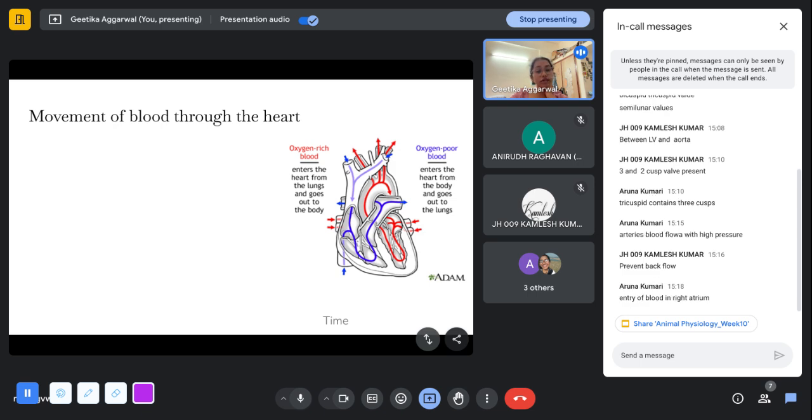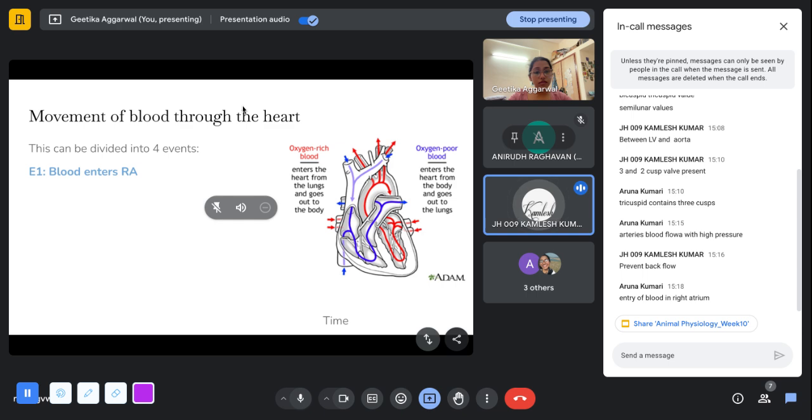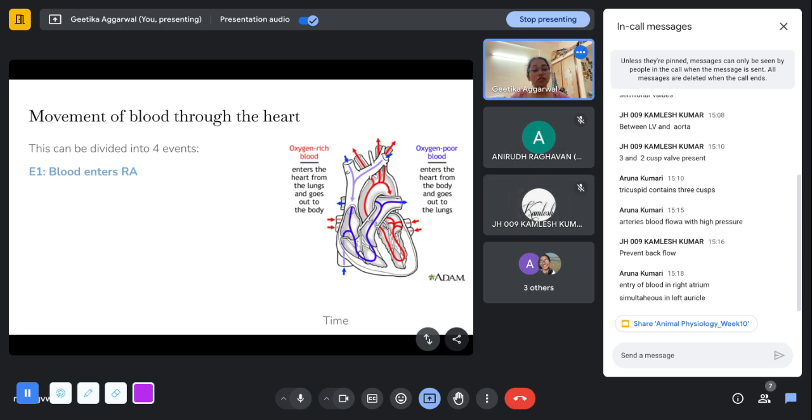So the first event is the entry of blood in the right atrium, correct. Next. Blood moves from left atrium to left ventricle through bicuspid valve. Okay, from the left atrium to the left ventricle. Fine.